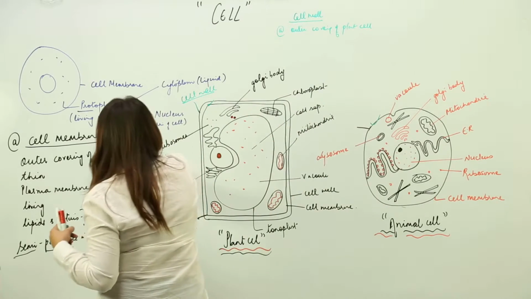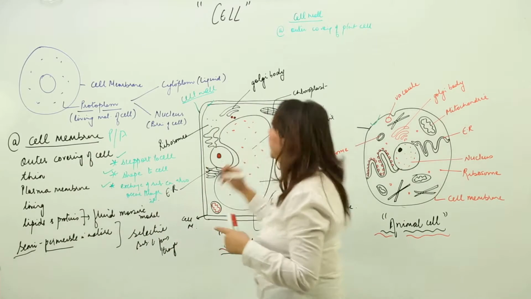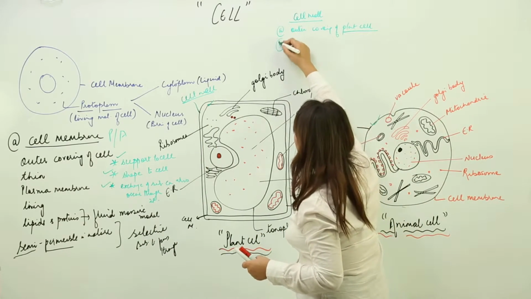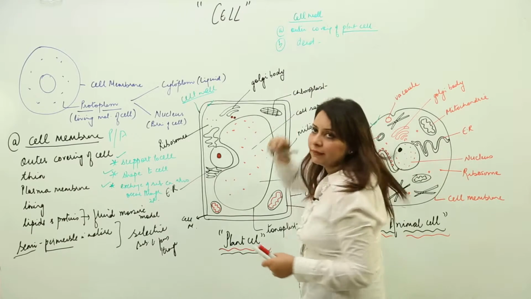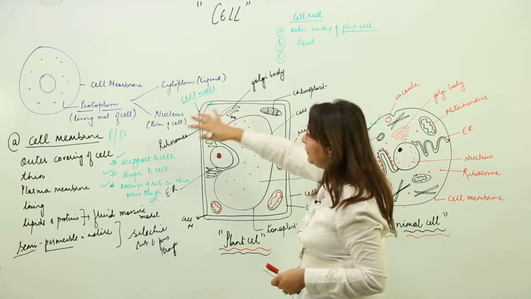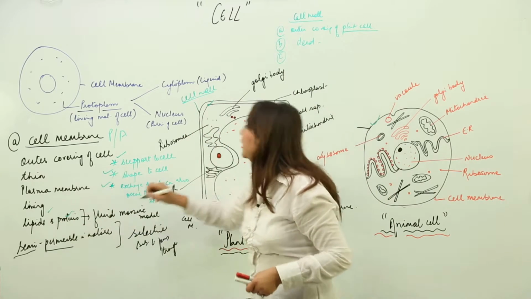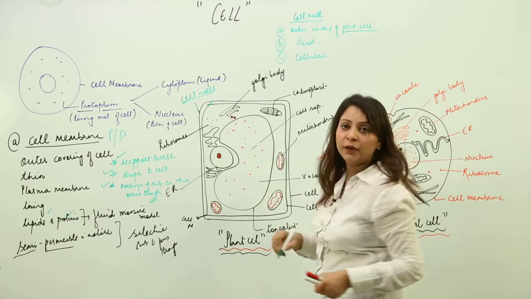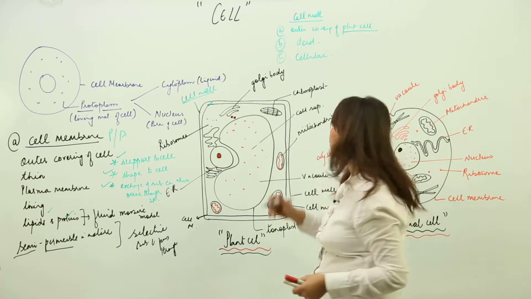It is present only in a plant cell. And if we talk about its nature, it is dead. It is made up of dead substance. Like the cell membrane is made up of lipids and proteins, the cell wall is mostly made up of cellulose.